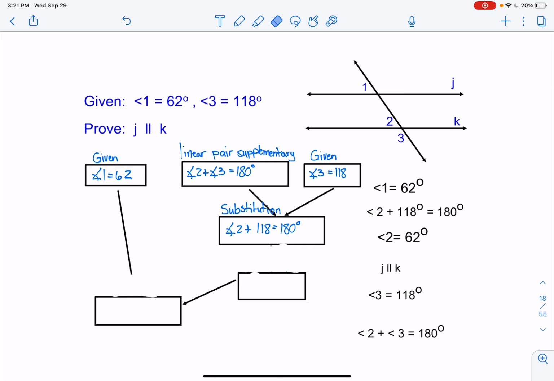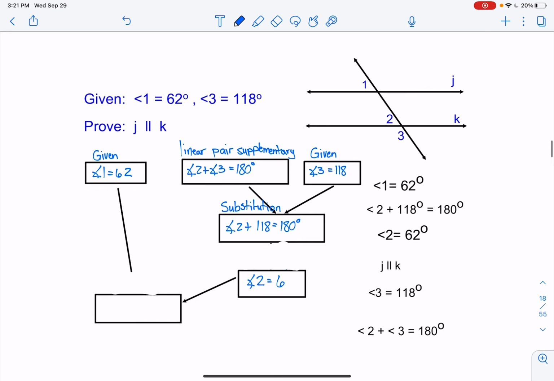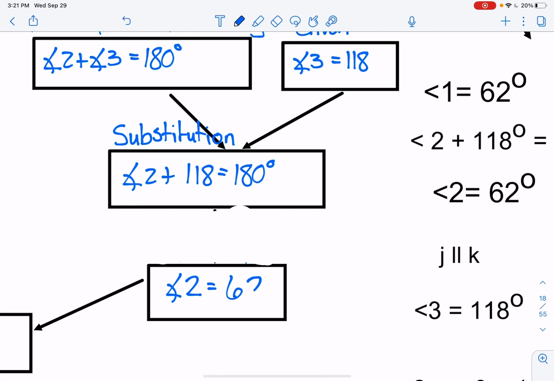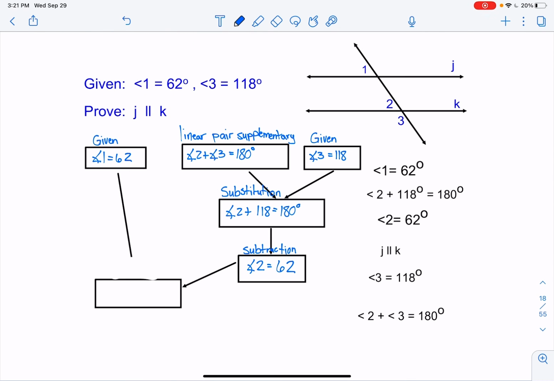Then I do some algebra here. So angle 2 equals 62. And I get that by subtraction. We subtracted 118 from both sides, right? I get angle 2 equals 62.